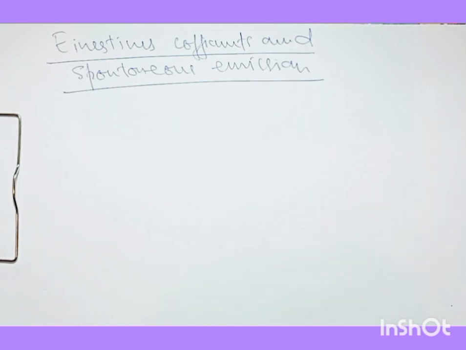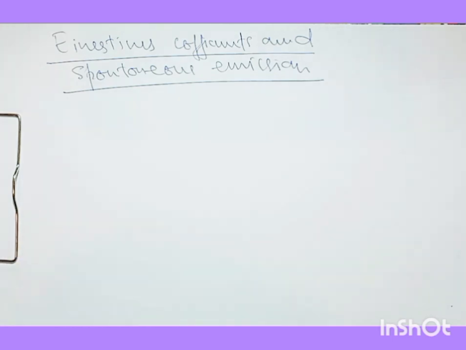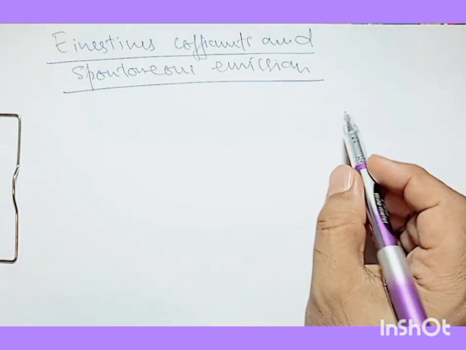In this video, I'll be talking about Einstein's coefficients and how Einstein's coefficients automatically lead to spontaneous emission of radiation. And it was Albert Einstein, before the development of quantum theory of radiation, who showed that it was possible to have statistical equilibrium between the radiation and matter.